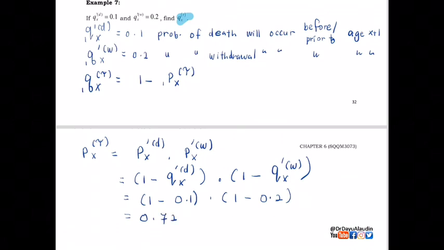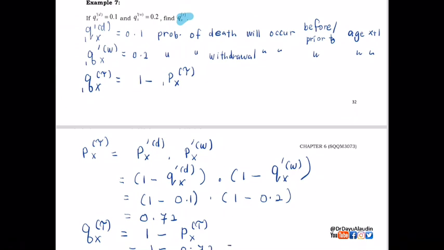This is Px tau. So to get the Qx tau, we just use 1 minus Px tau, equal to 1 minus 0.72, and the answer is 0.28.